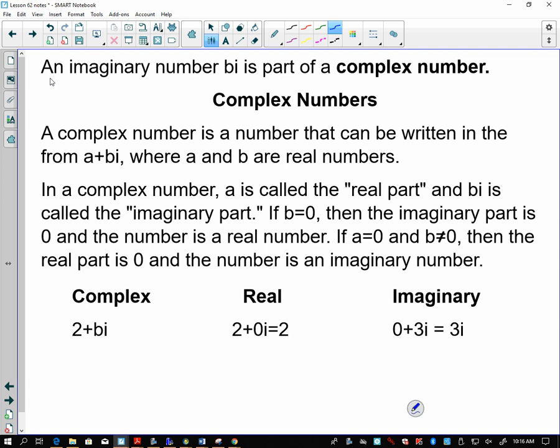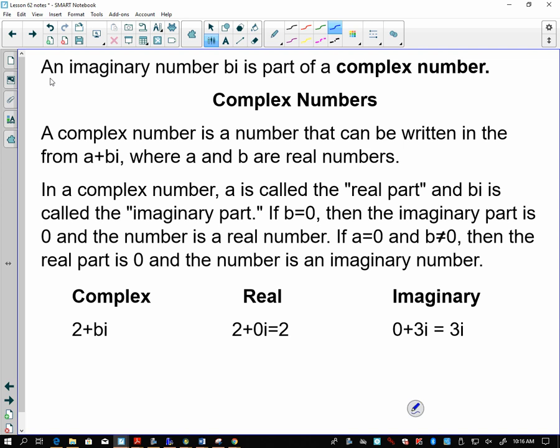All I have left is the imaginary part. Okay? So what you see down here is something like 2 plus bi. Okay? 2 plus bi is complex. 2 plus 0 times i is just 2, which means that's real. And then 0 plus 3i is just 3i. All I'm left with is the imaginary.